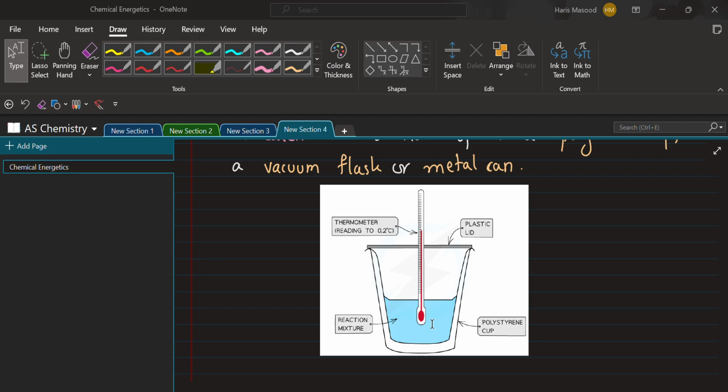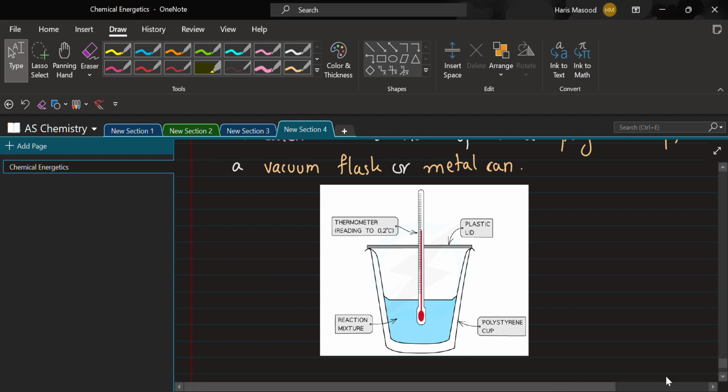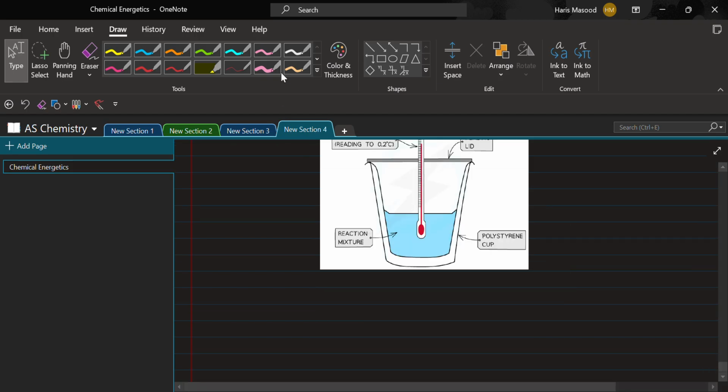Okay, now how the calorimeter measures the enthalpy. First we will be calculating how much energy we need to raise the temperature by 1 degree.